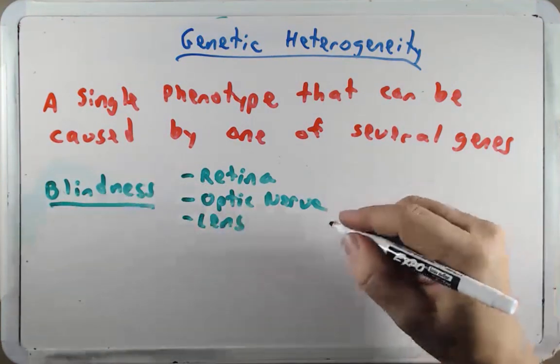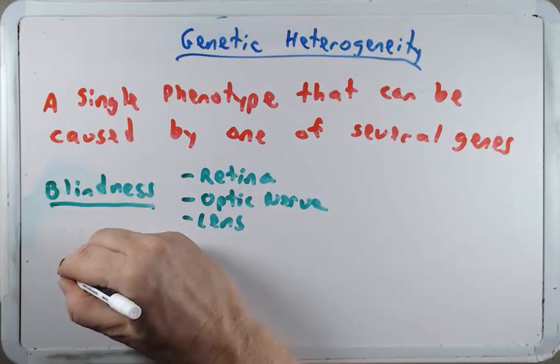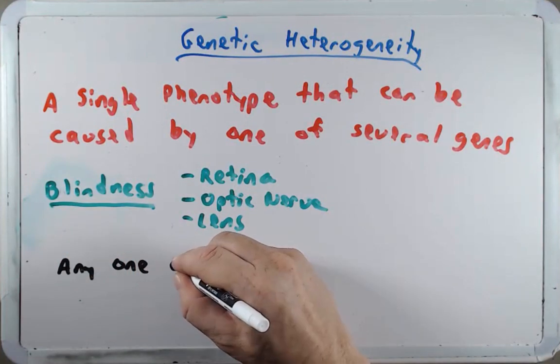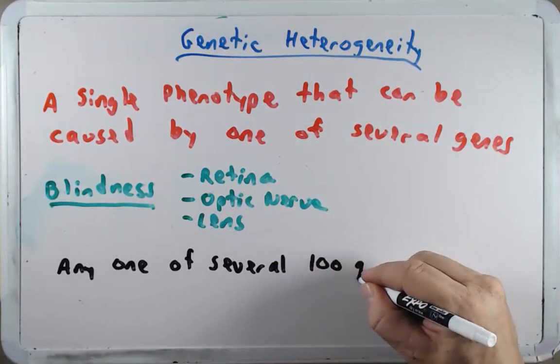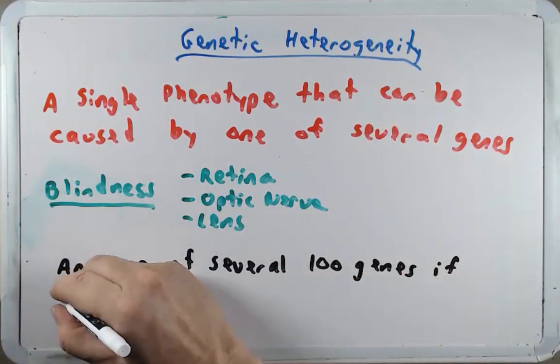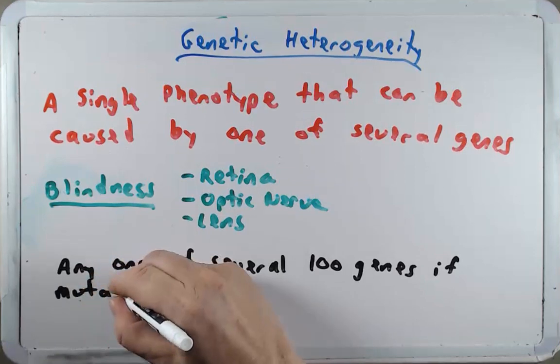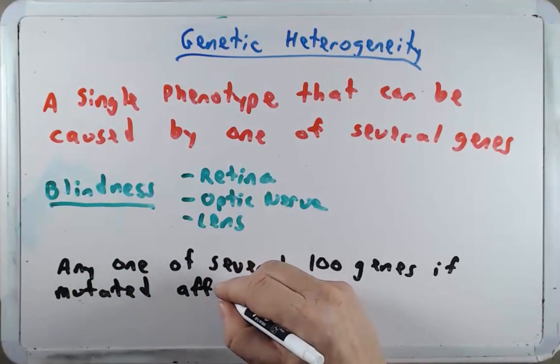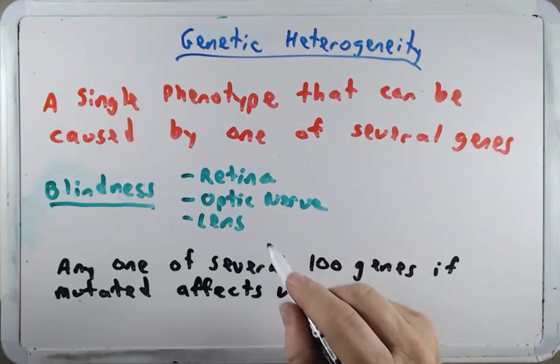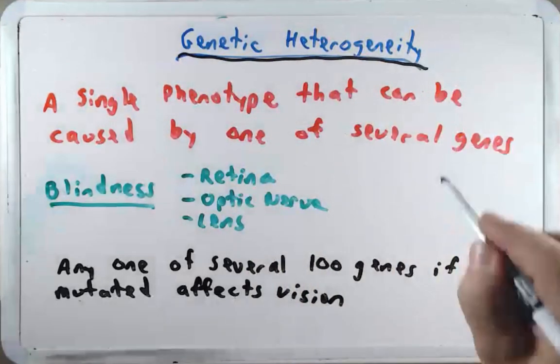So let's write over here for blindness, any one of several hundred genes, if mutated, affects vision. And that's what we mean by genetic heterogeneity.